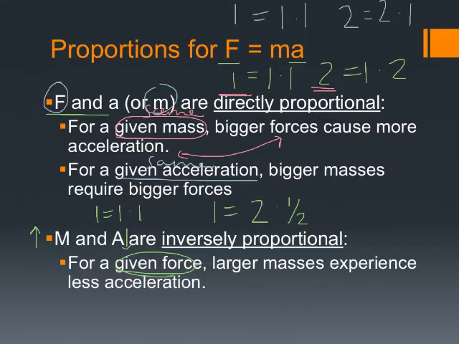Whereas the cow, with the same force, is a lot heavier, so applying that force is going to get the cow moving but much slower. All right, so this is a very conceptual way of talking about things, and you just got to remember that directly proportional means as one goes up, the other goes up, or as one goes down, the other goes down. Inversely proportional is the opposite of that. If one goes up, the other has to go down. Okay? This is probably the trickiest thing out of here.